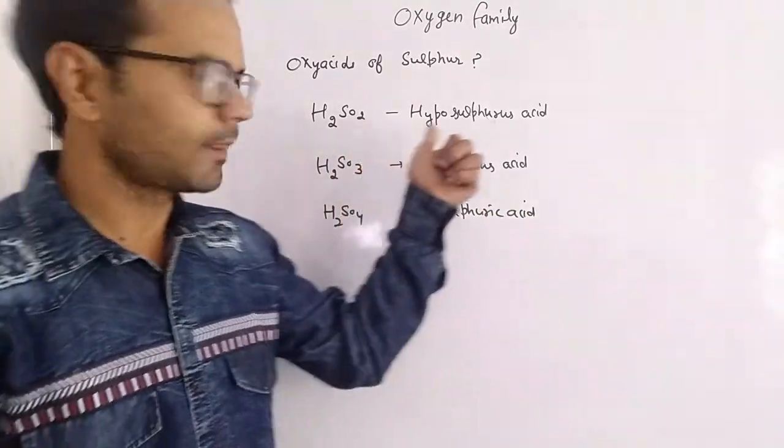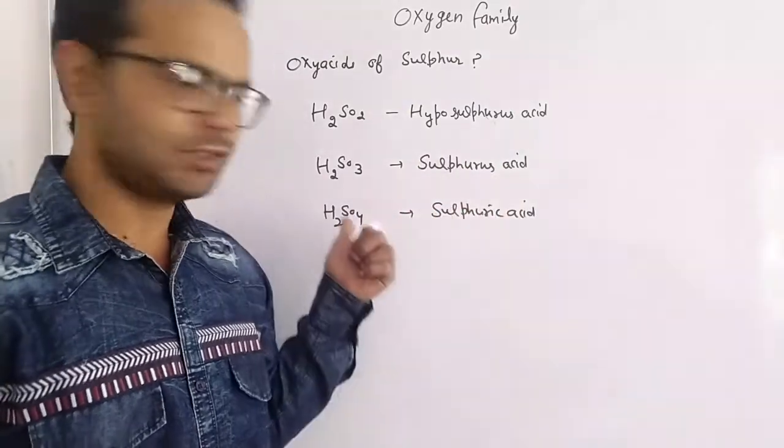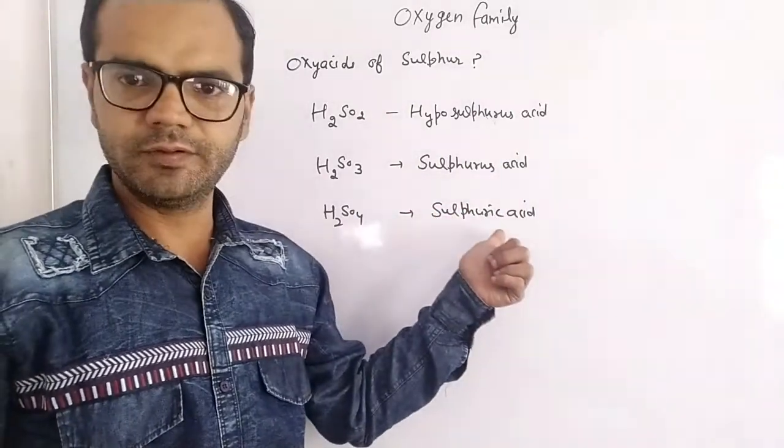H2SO2 is known as hyposulfurous acid, H2SO3 is known as sulfurous acid, and H2SO4 is known as sulfuric acid.